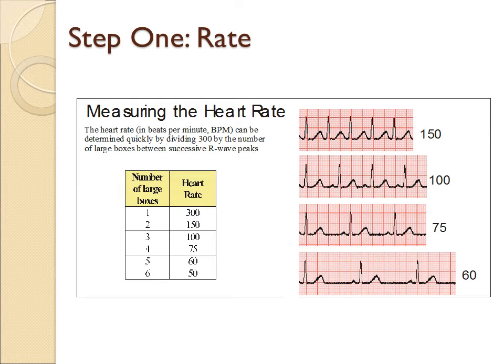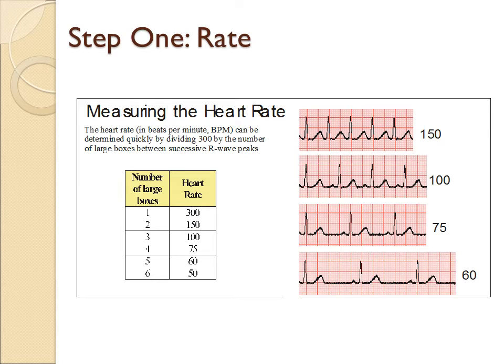I have memorized this number. It's hard to believe I still know it after all these years. If you look at the very first strip up here, and you see where the QRS is on a heavy line, how many boxes is between that QRS and the next QRS? It's 1, 2 boxes. So that's 300, 150, and so that rate would be 150.